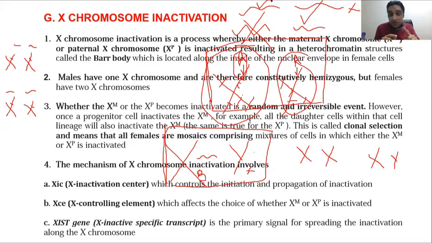It can be silenced by touching the nuclear membrane. Remember, the region within the nucleus which is present beneath the nuclear membrane is the heterochromatin region.